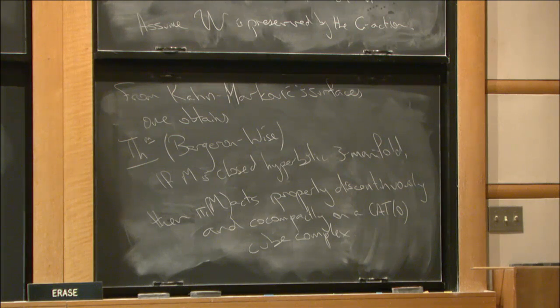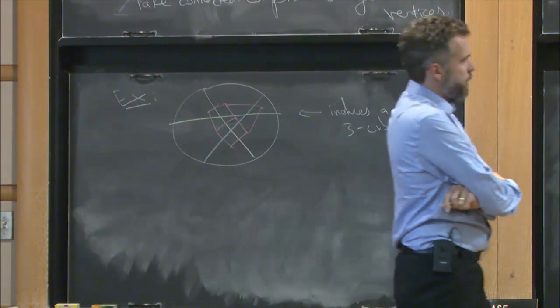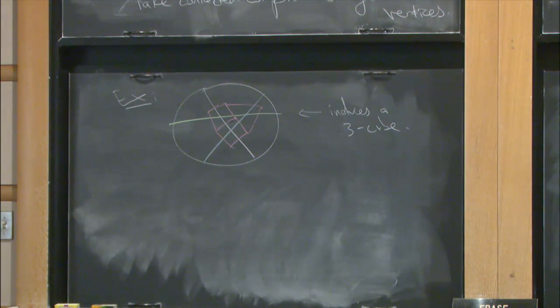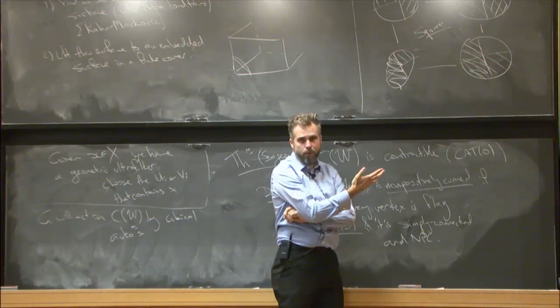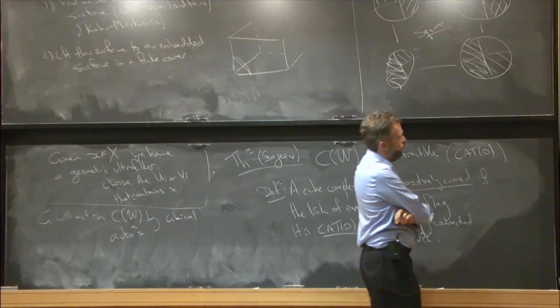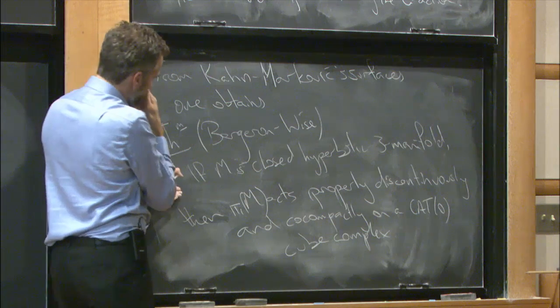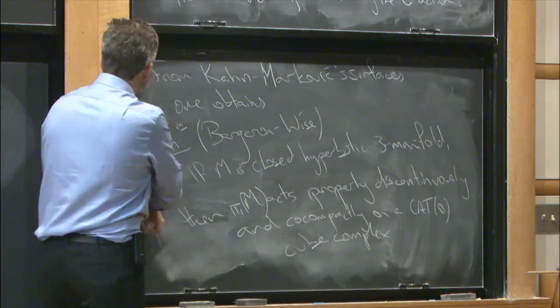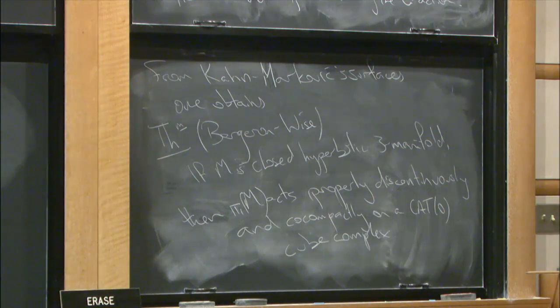Okay, so that's how one enters into this CAT(0) cube complex world trying to prove this. But it's still, at this point in the talk, not at all obvious what you want to do with this. Because what does having an action on a CAT(0) cube complex buy for you? And this is where the special cube complexes enter the story.